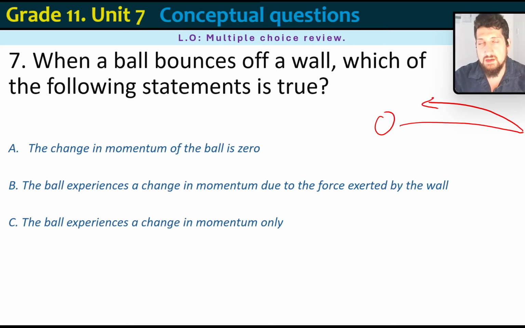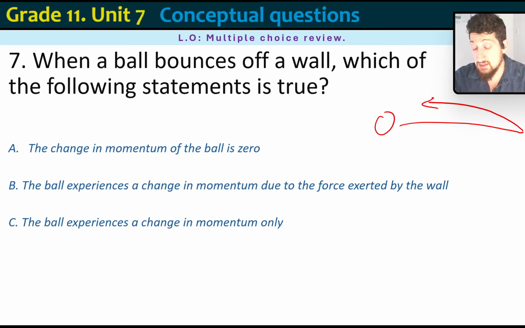So if we say, for example, the mass of the ball is half a kilo, which is big, it's massive, or 0.1, let's make it 1/10 of a kilogram, 100 grams, and the velocity at which it's traveling is 5 meters per second, then it's going to be 0.1 times 5 meters per second, which is 0.5. But on the way back it's going to be 0.1 times negative 5 meters per second, which is negative 0.5.